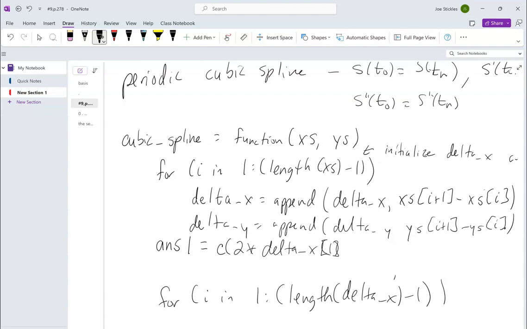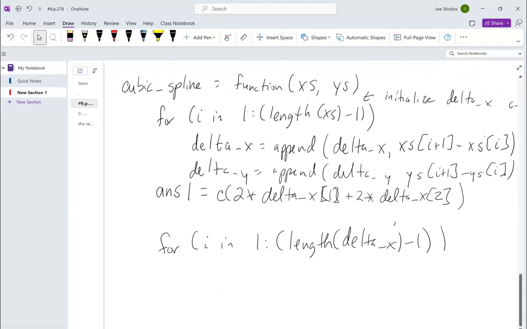I guess it's brackets. Plus 2 times, I keep wanting to write determinant, delta x of 2, right? Yeah? Okay. All right.